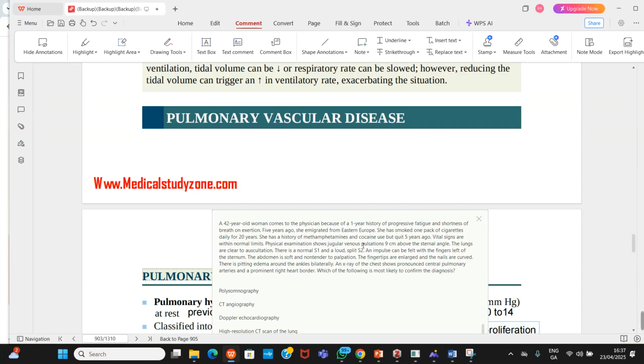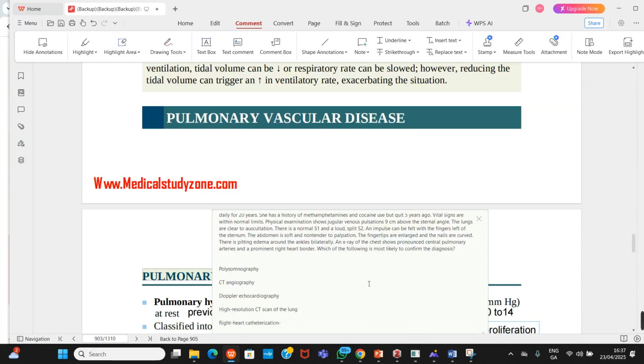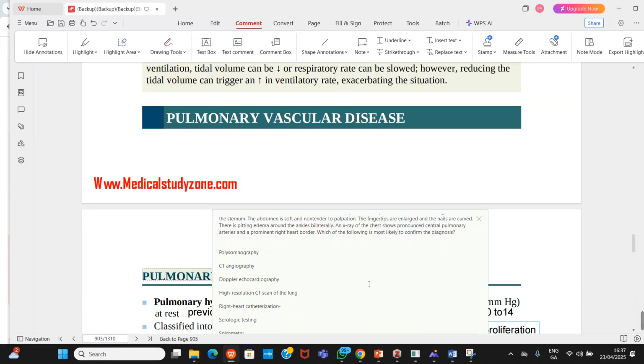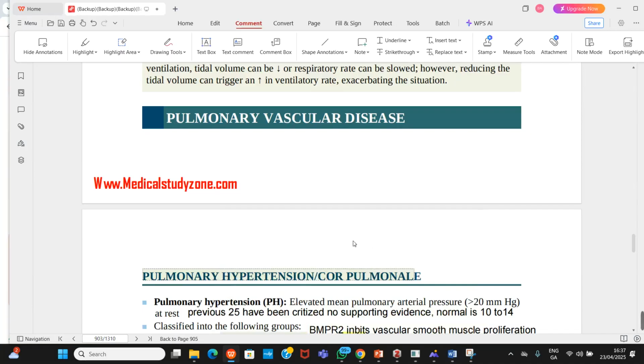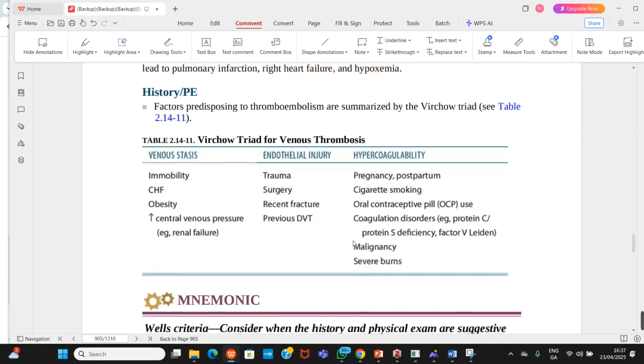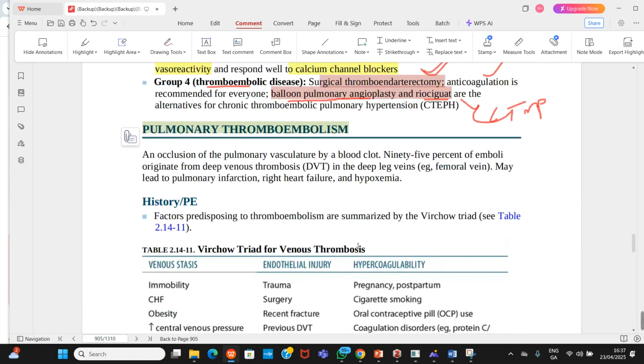What diagnosis are we even thinking? Anybody? What's our diagnosis, my people? Pulmonary hypertension.